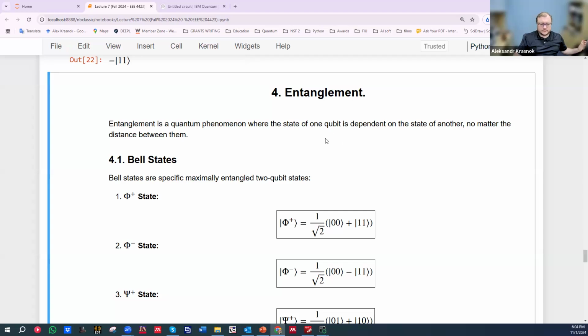So consider this as a matter of experimental fact, experimental reality. I don't understand how it works, and no one in the world can explain how it works. But this is a matter of fact, right?